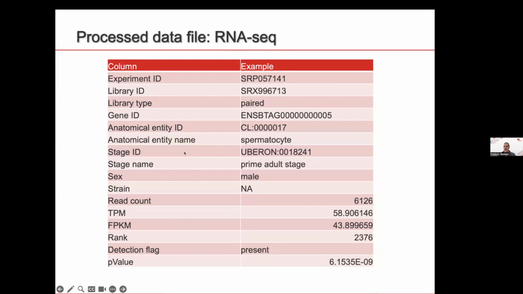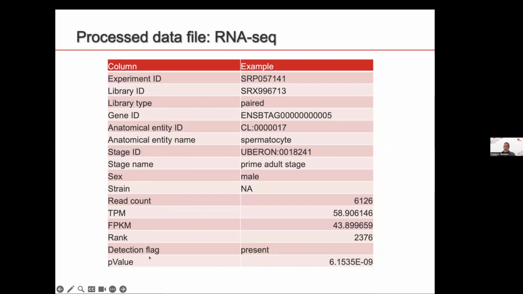For the processed expression values, you have way more information because it's for each gene in each sample. You find again the annotation that we provide, but then you have access to the read count, the TPM value, and the rank that we use to produce the expression score.